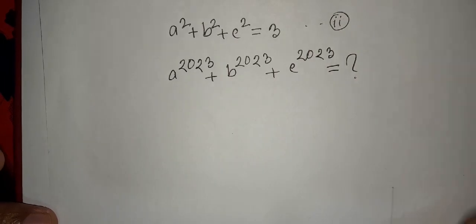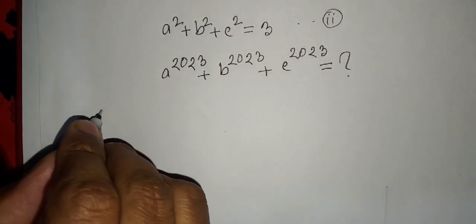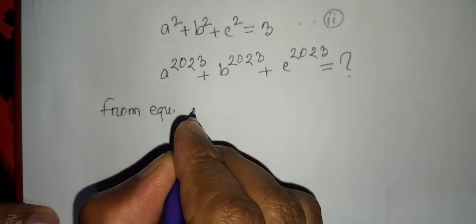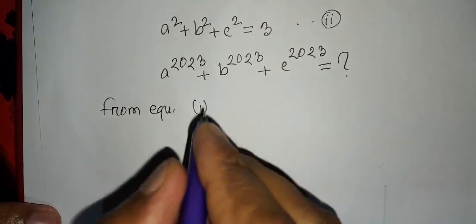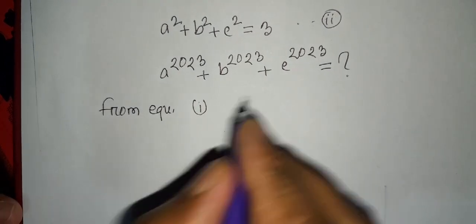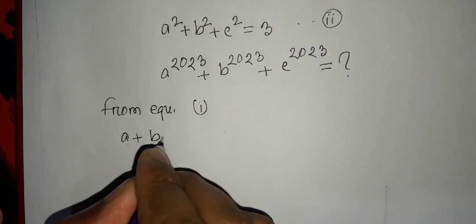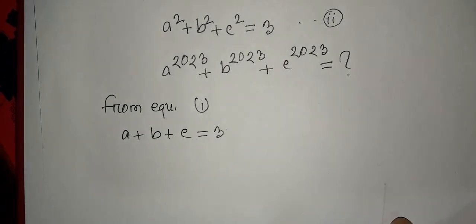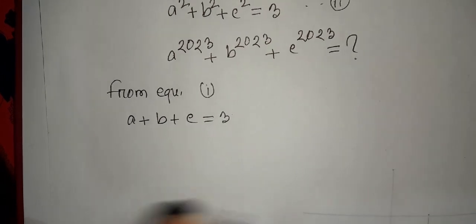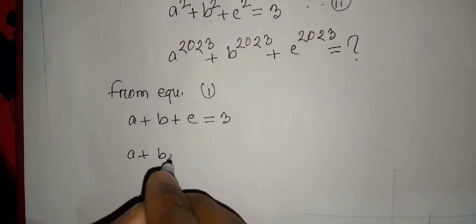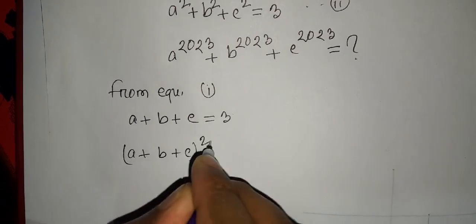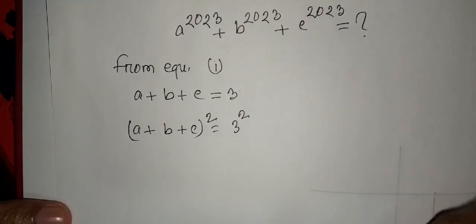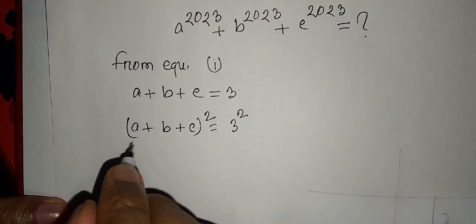Now from equation number 1 we get a plus b plus c equal to 3. Squaring both sides we get (a plus b plus c) all square equal to 3 square. Then we use a formula.